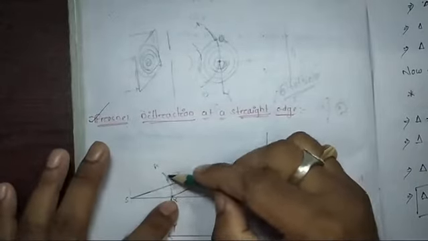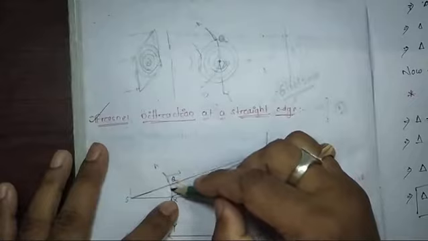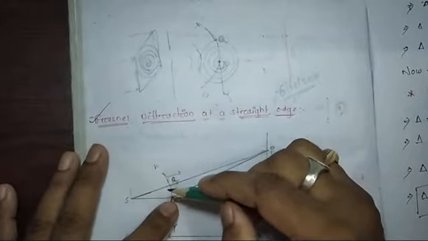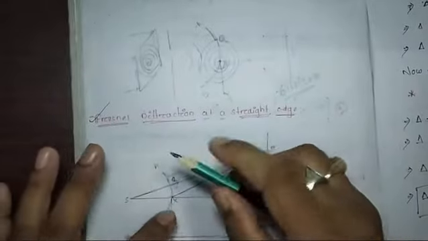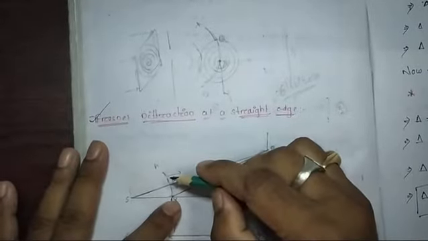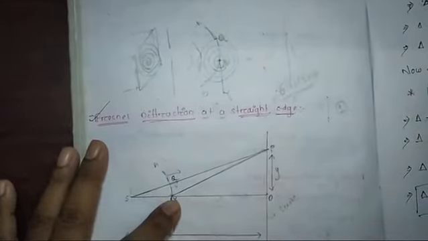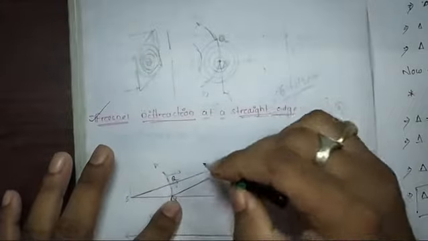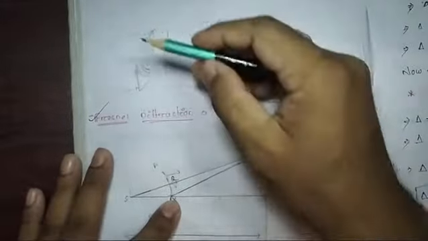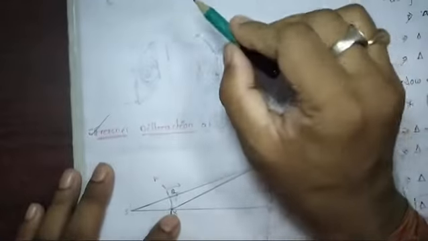So we have to consider only the half period zones present in this portion of the wavefront, because according to Fresnel's assumption, the wavefront is the portion which can be divided into numbers of half period zones for the mathematical calculation. This is Fresnel's assumption.